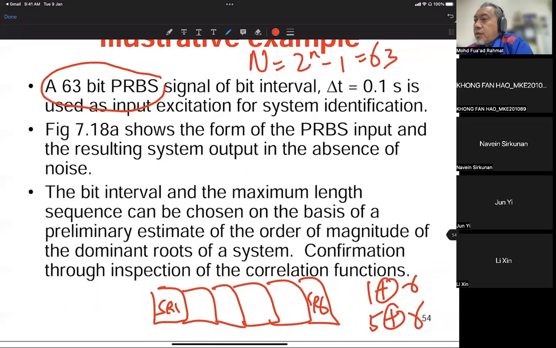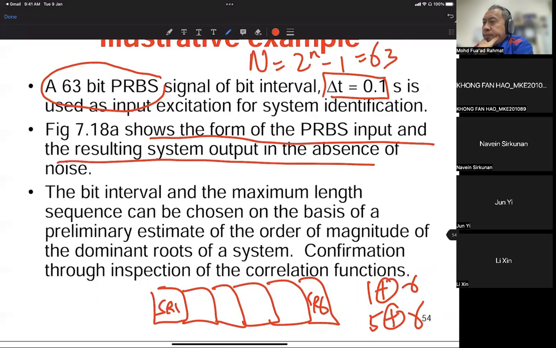Then you can generate the signals. The interval is delta t 0.1 second, about 10 millisecond. It's used as the input excitation for system ID.